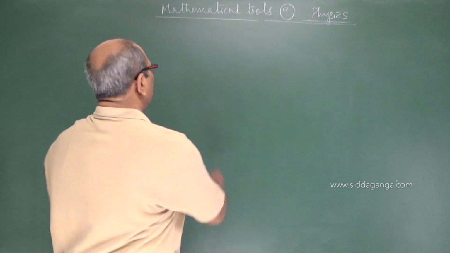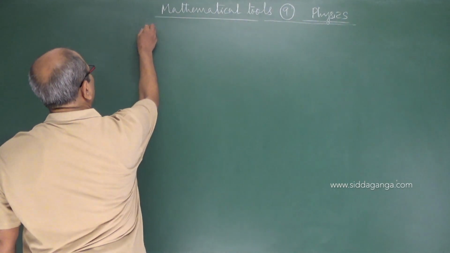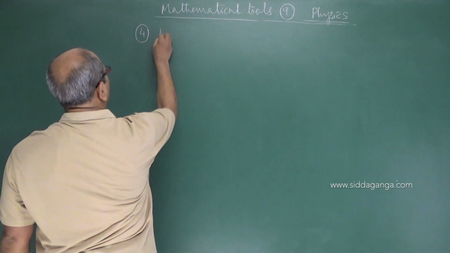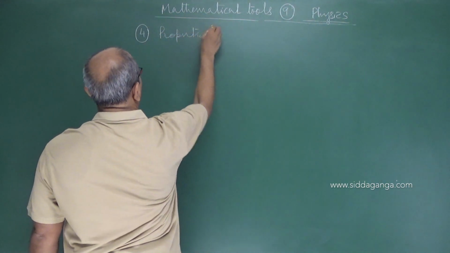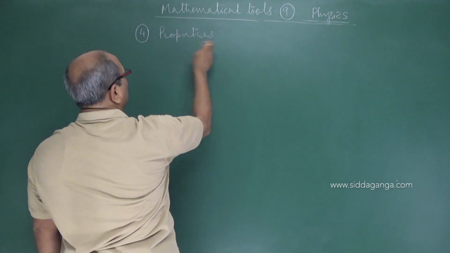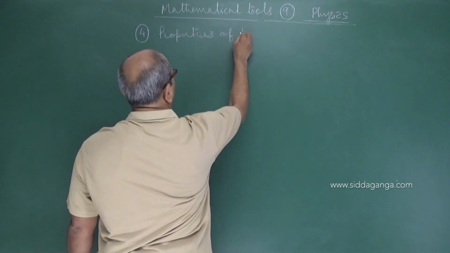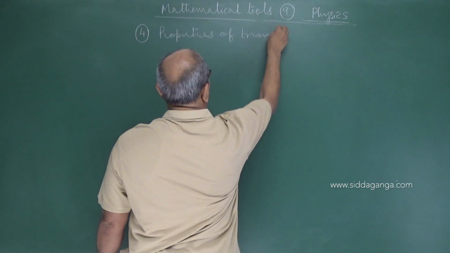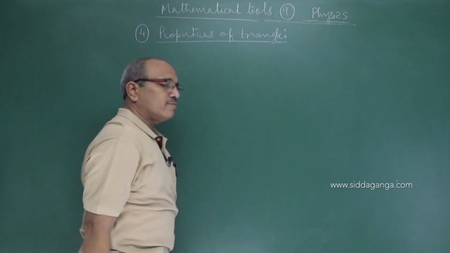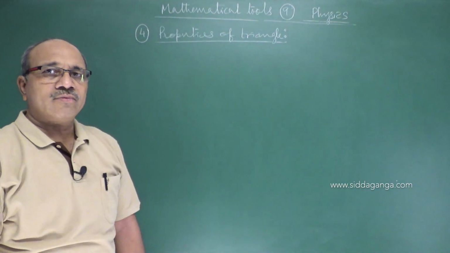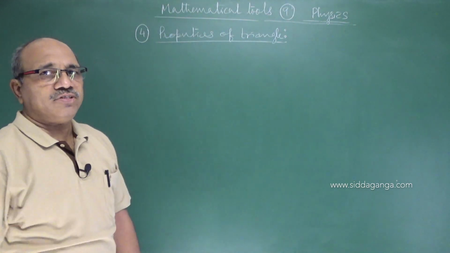So I am coming to another important concept related to the triangle, which is also necessary later when we go to trigonometry, properties of triangle. Again I am saying you have all studied this. I am only summarizing what is necessary for physics.